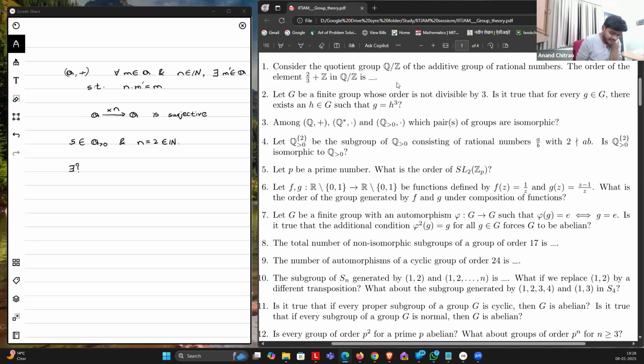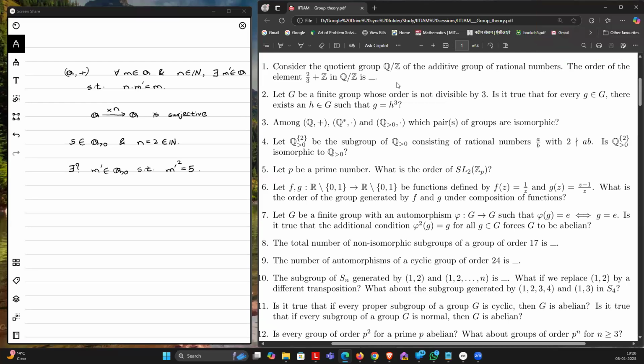Now, does there exist an m prime in Q positive such that m prime squared equals 5? Does there exist a rational number whose square is 5? No, sir. Yeah, that's the reason.